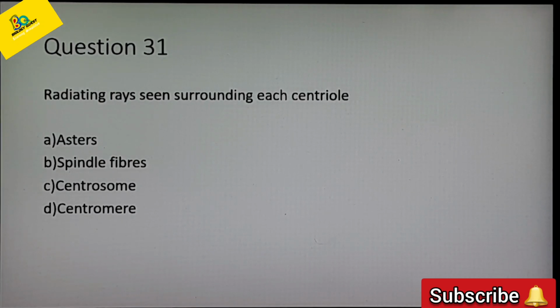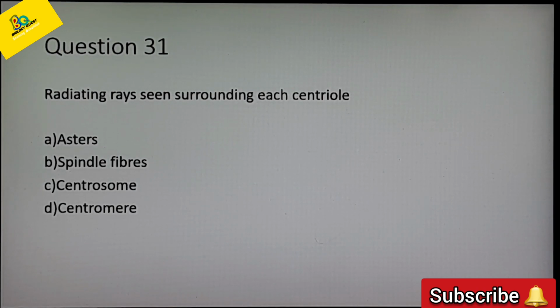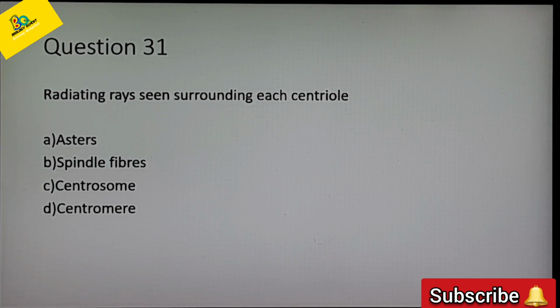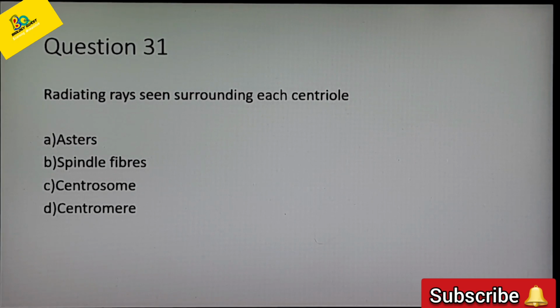Radiating rays seen surrounding each centriole: asters, spindle fibers, centrosome, centromere. Which is the correct answer? The correct answer is asters. Asters are the radiating rays seen surrounding each centriole. We know a centrosome is a structure present only in an animal cell, and a centrosome has two centrioles.